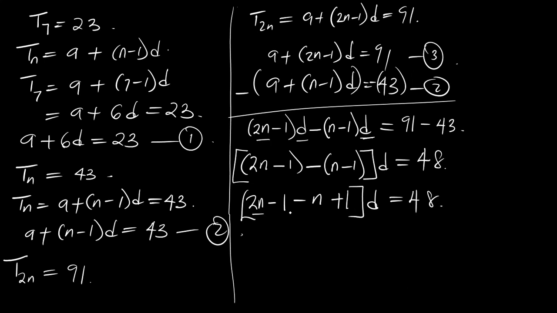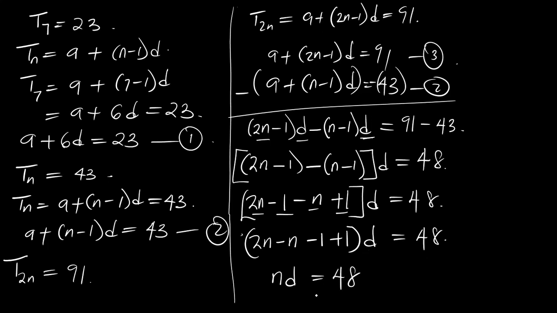Now let's bring the like terms: 2n minus n, and then minus 1 plus 1, all multiplied by D, which is equal to 48. So 2n minus n will give you n. Minus 1 plus 1 will give you 0. So n times D is equal to 48. So we have gotten another expression, which is the fourth equation, which is nD equal to 48.